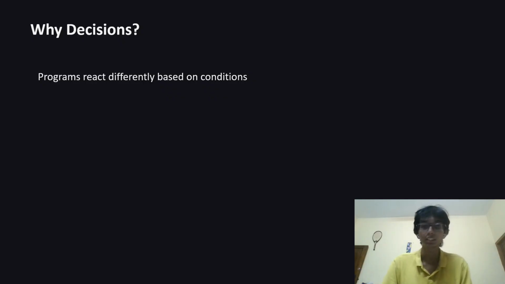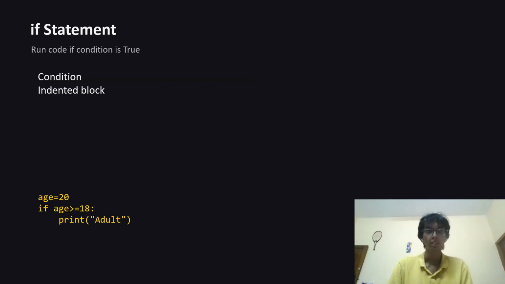So when the input is given as 15, for example, or any number under 18, the program should do something else, or take a decision to not let you enter or log in, because the program demands you to be 18 or more years of age. So that's why decisions really matter in programming, and not just in Python, but in all languages out there.